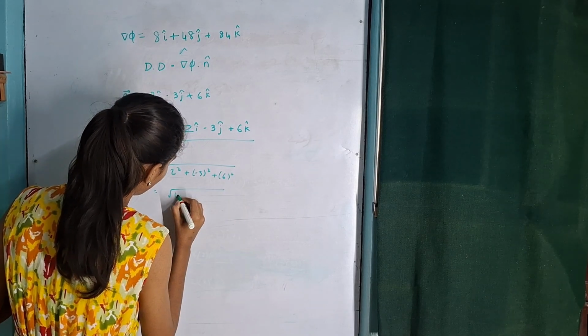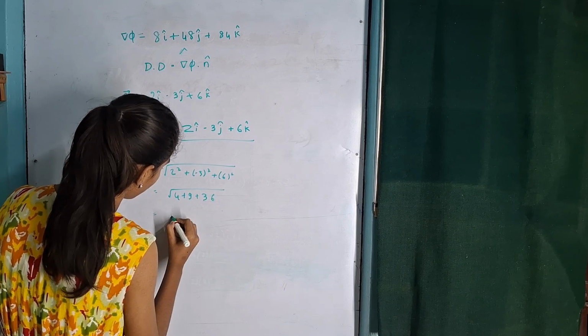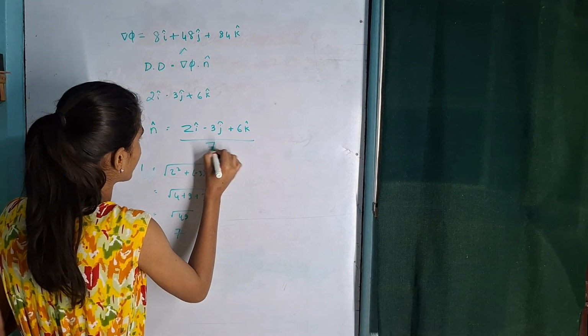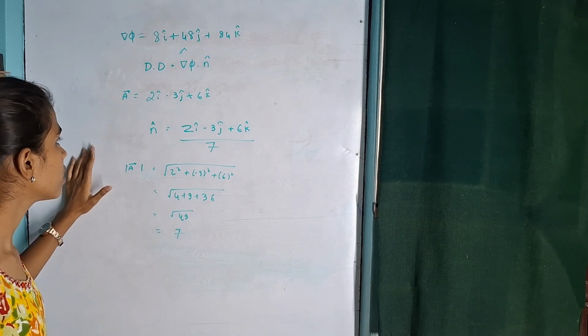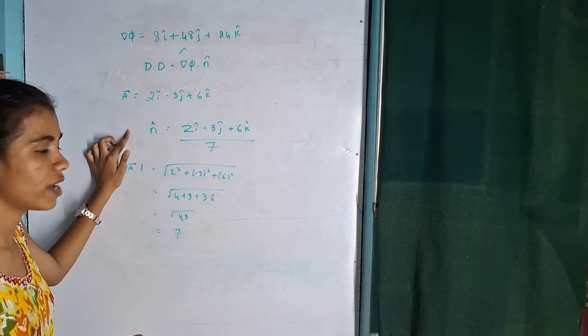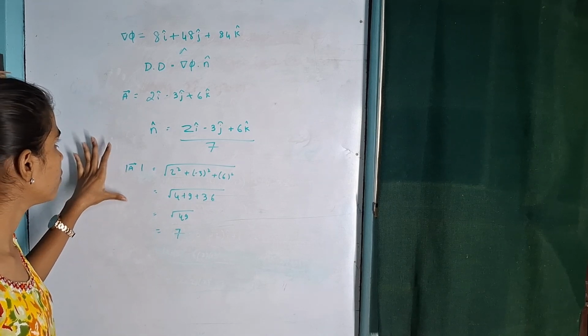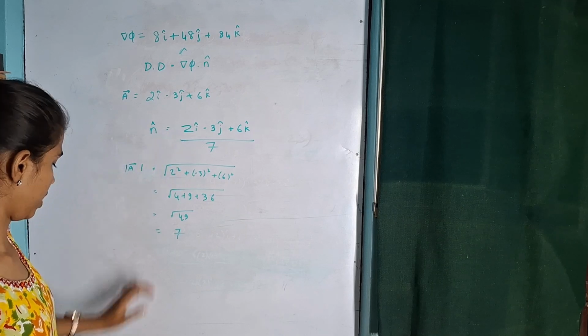So that is 4 plus 9 plus 36, that is 49. So it is 7. So I hope this is clear. Just so as not to confuse the n vector formula as del phi by mod of del phi, I have named this as a vector. This is how you find the mod of a vector. So this is the answer for n vector.